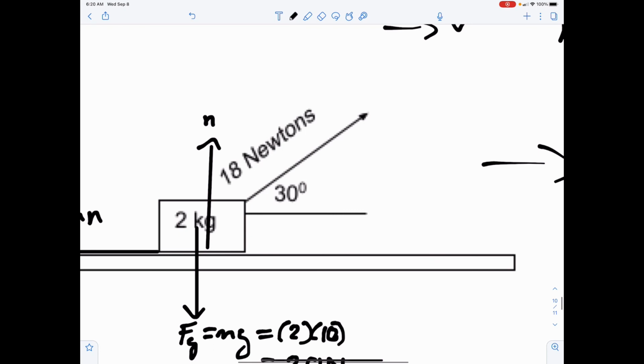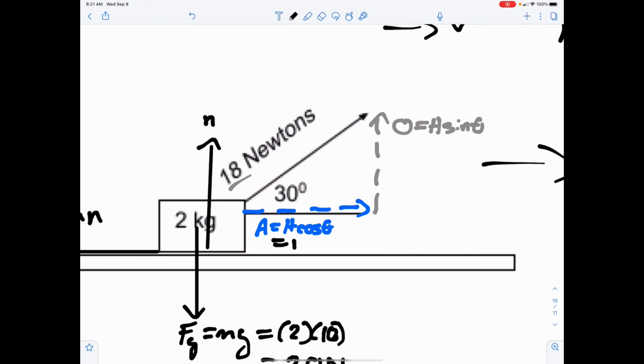Now, the last thing we need to do is we need the components of this, and we need to make a right triangle out of it. Remember what we did last time. We have the adjacent side, which is hypotenuse times cosine of the angle. And then you have the opposite side, which is hypotenuse times sine of the angle, where the hypotenuse is the 18 newtons. So let's fill this out.